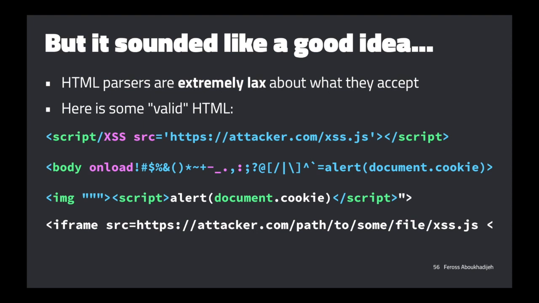I can use slash XSS or whatever, slash whatever I want, and it's going to get past your filter. And the browser, though, is going to treat this as a space. And so you have differences in what you're looking for versus how the browser is going to interpret it. And there are a lot of examples like that where you can use other characters.